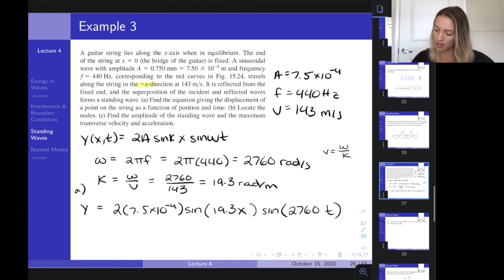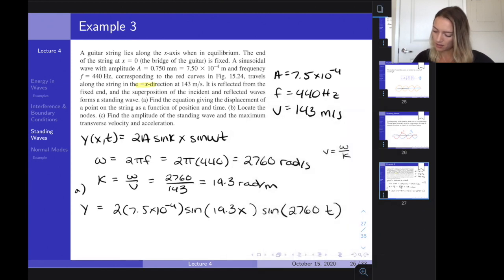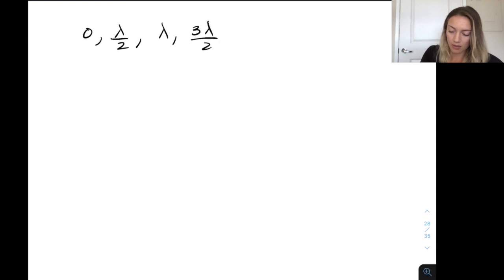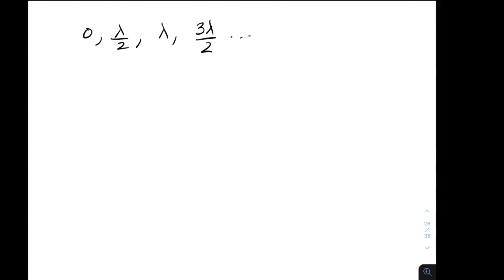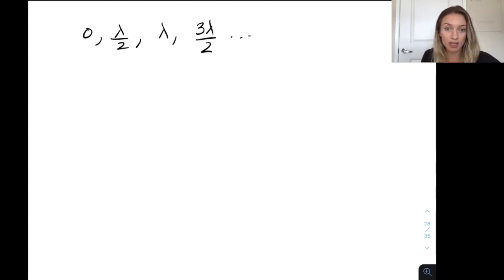So I'll add another page in here. To locate the nodes, we remember our equation for the nodes. The nodes were located at 0, lambda over 2, lambda, and 3 lambda over 2, etc. So first we need to find the wavelength, obviously.